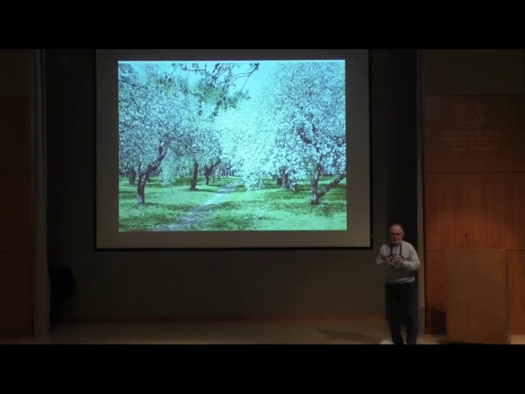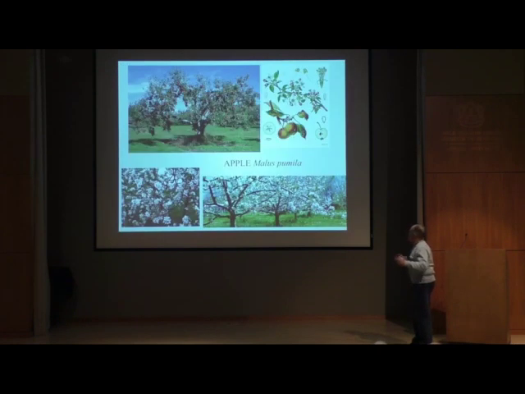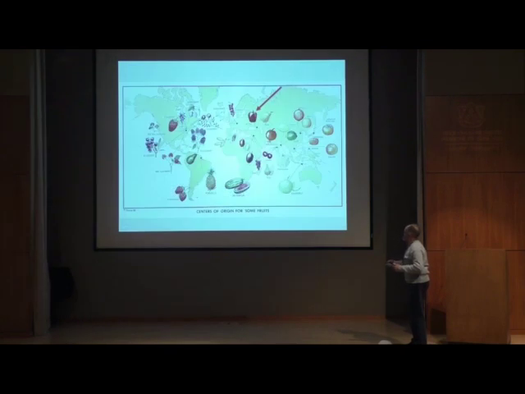I have to give you a point of reference so that you'll be judging what I'm going to say, all right? And I chose the apple. So that's our referral point. There you see it. You have the apples, apple tree, very beautiful flowering. Where did it come from?